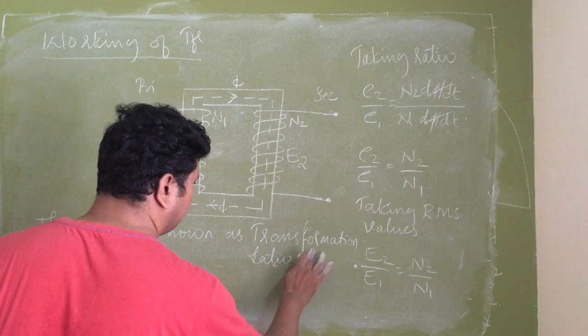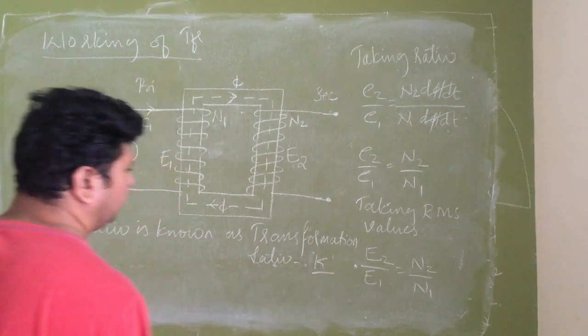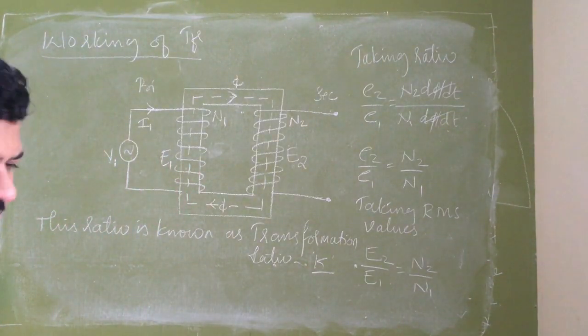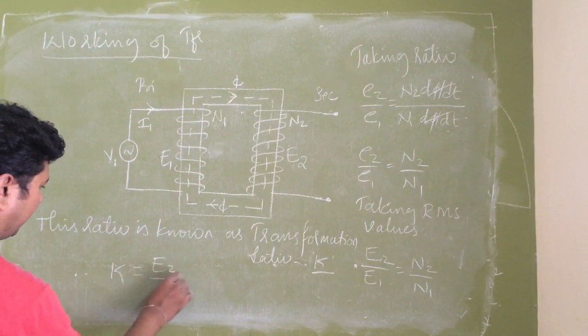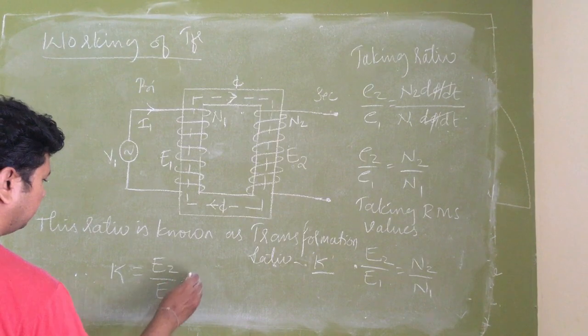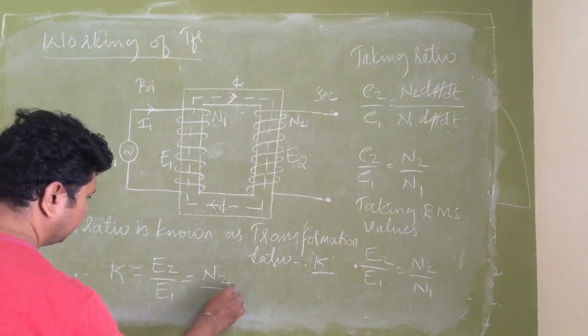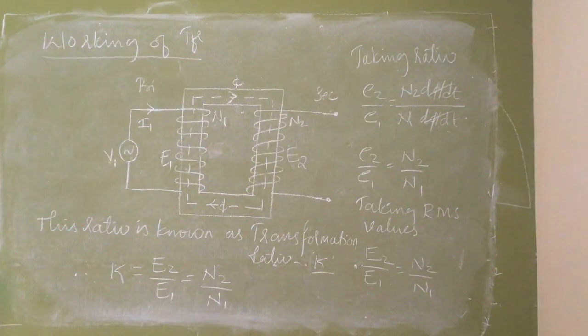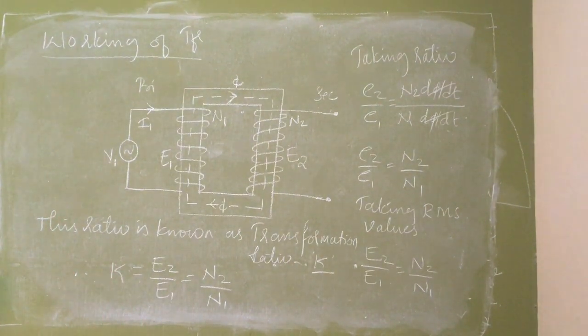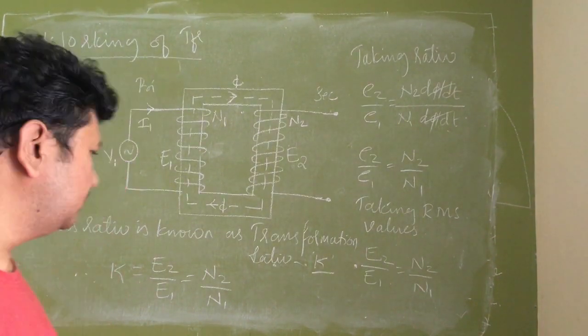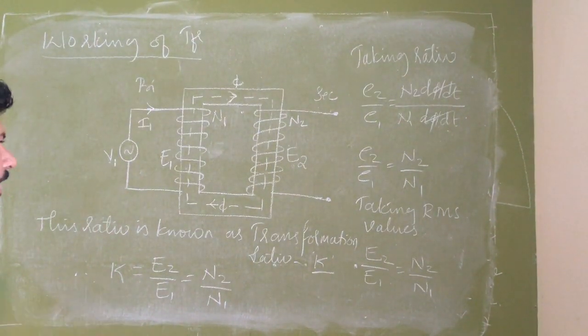It is given by capital K. Therefore, K is equal to E2 by E1, which is equal to N2 by N1. So this is called the transformation ratio.